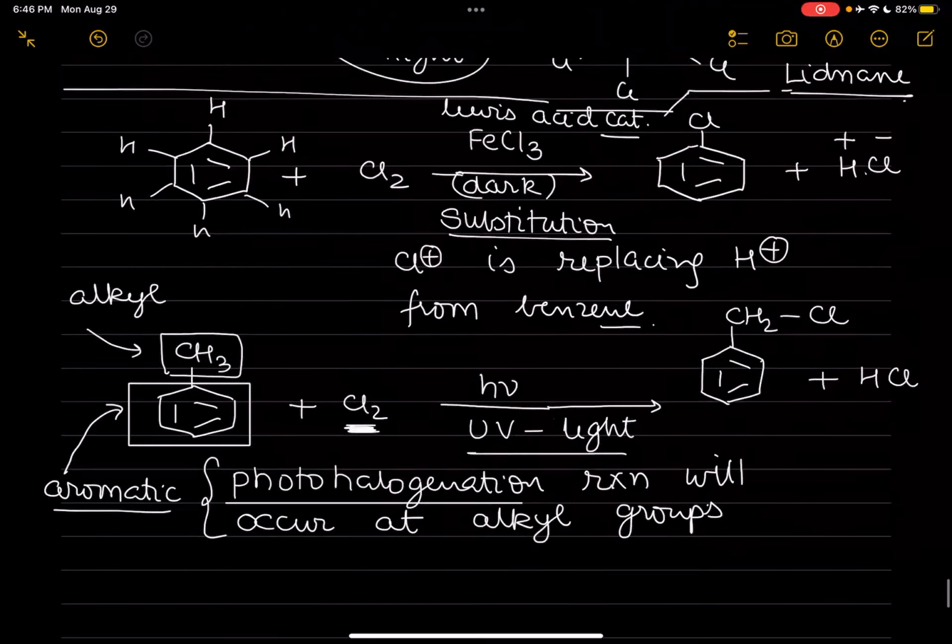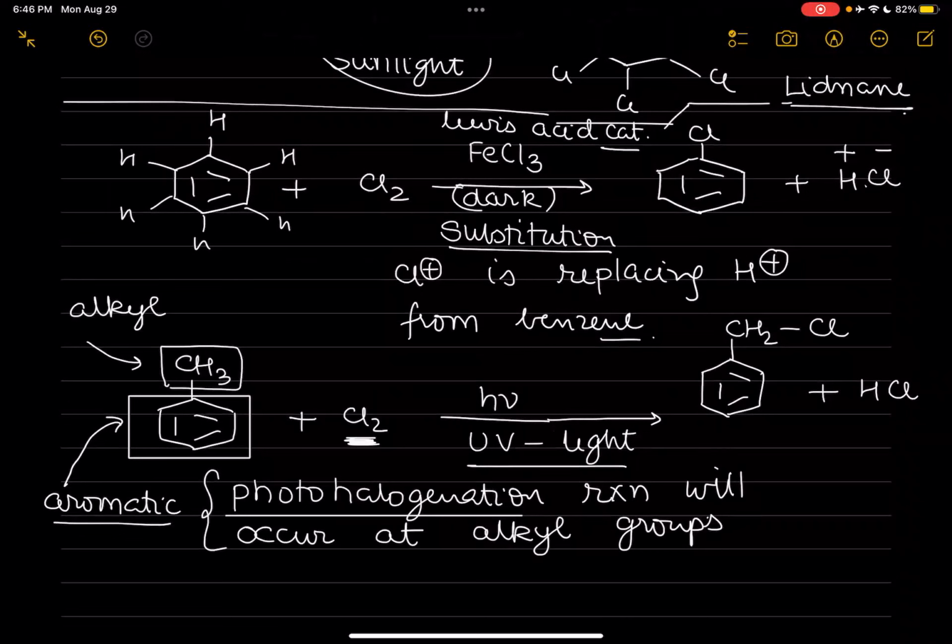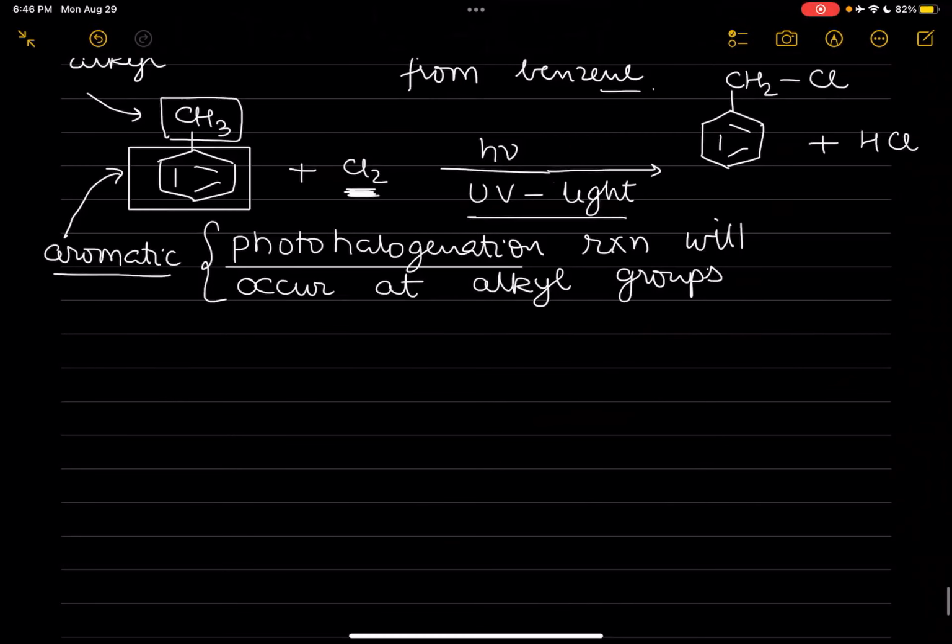But if you need to put the Cl on the benzene, you must take a Lewis acid catalyst. These Lewis acid catalysts are metal chlorides.